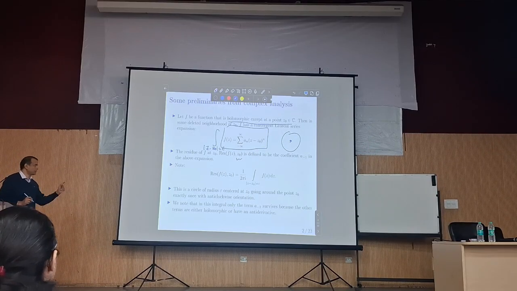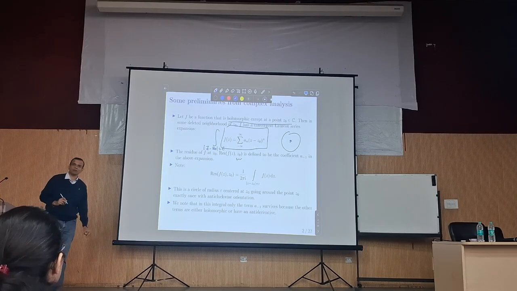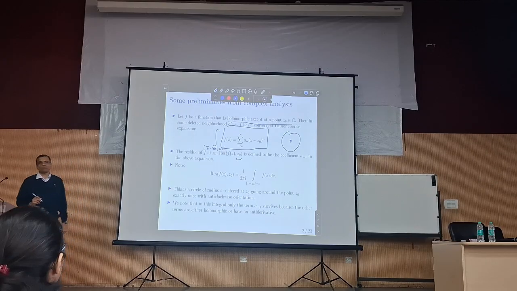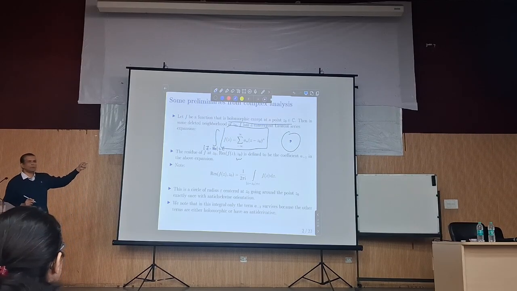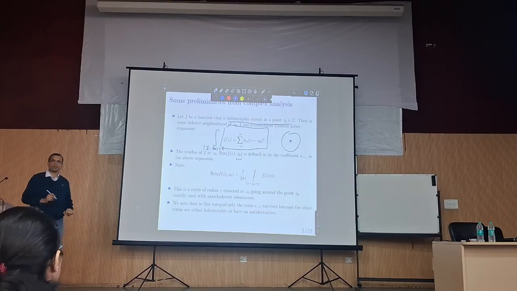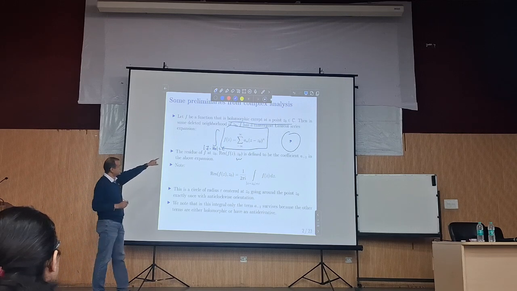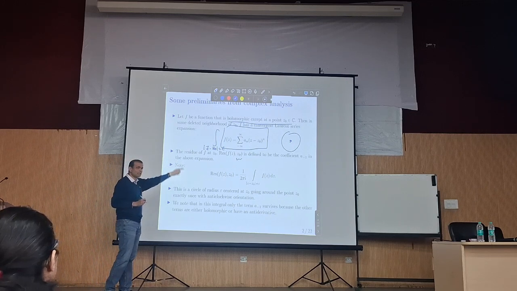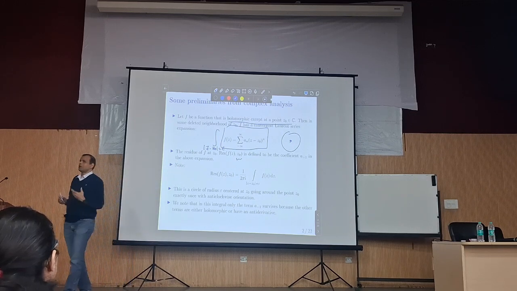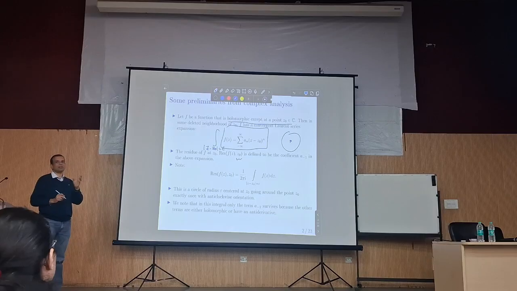But let's take epsilon to be a small number, and suppose I'm going to integrate both sides. Now, because of uniform convergence, you can interchange the sum and the integral, right? So now the integral goes into the sum, but the claim is that because this is a disk centered at z0, many of these terms are going to vanish. What are all the terms that are going to vanish? Actually, everything except one term.